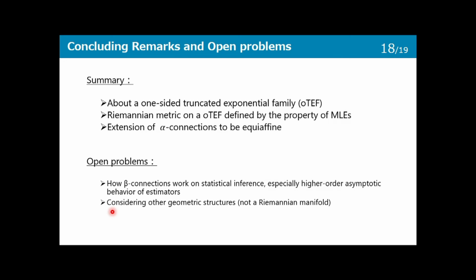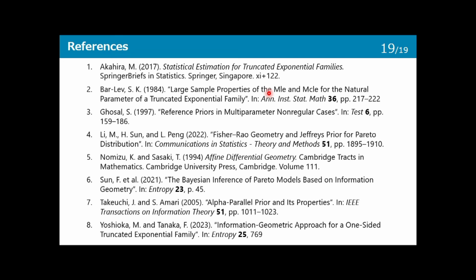Second, we should consider a potential of other geometric structures. Since the statistical property of OTF is different from regular cases, non-Riemannian structure could be better. Here are the references. Thanks for listening.